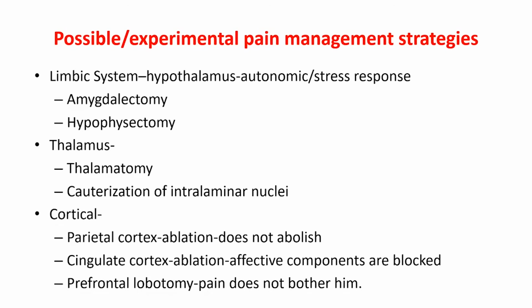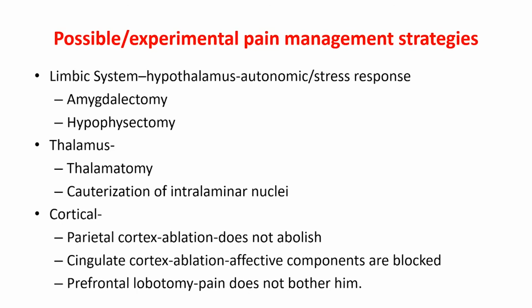That will also relieve the pain, but thalamus being a very small area, you have to be very selective. Similarly, cauterization of the intralaminar nucleus, which is carrying the arousal response or the other responses, can be blocked by doing the cauterization or thalamotomy.